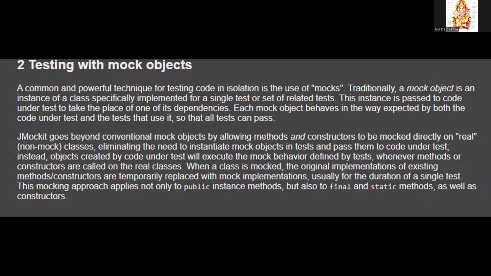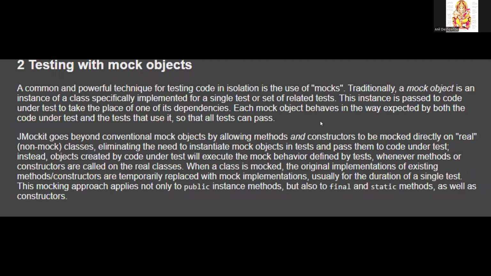A common and powerful technique for using JMockit is the one which you're going to see now. Traditionally, a mock object is an instance of a class, which we all mostly know. When you make an instance of a class, you are making an object.